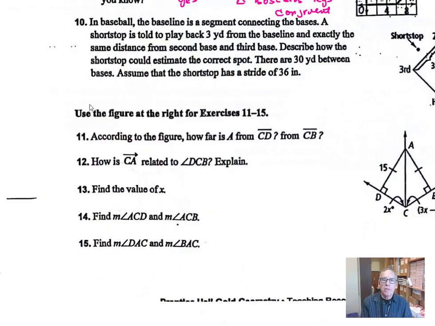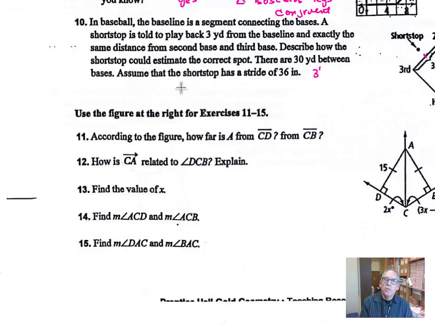There are 10 steps that he could do from second to third base that would cover the 30 yards, since each step is going to be 3 feet. Halfway would be 10 steps, 10 steps would be 30 feet, 15 steps would be 45 feet, and 45 feet would be halfway in between.